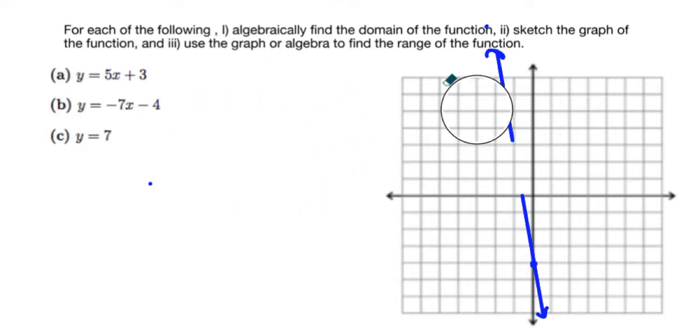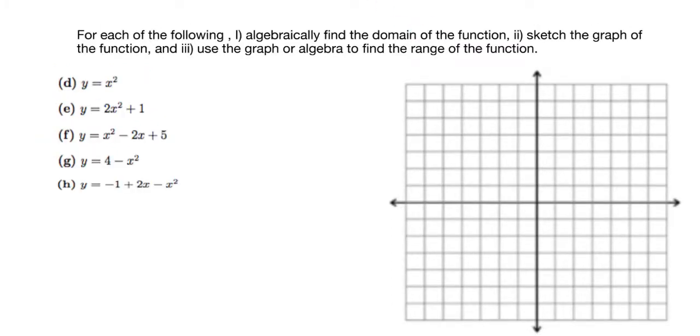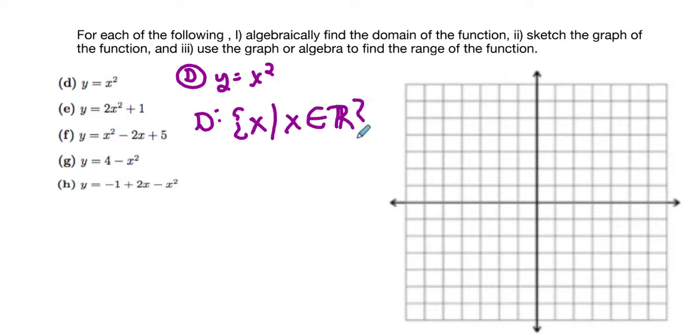On C, I told you, you do not have to do this vertical one. So let's go on to D, which is our parabola unit. All these are the parabola questions. So in D, we get y is equal to x squared. I ask myself, no x underneath the denominator, no x underneath an even radical, therefore my domain is all real numbers.